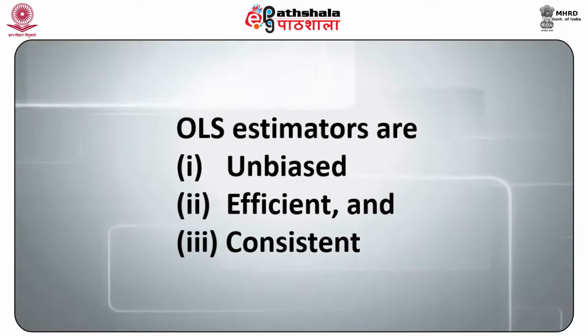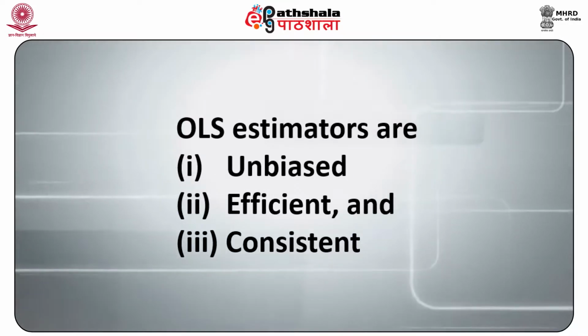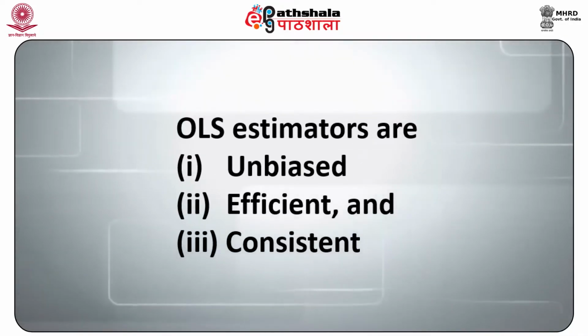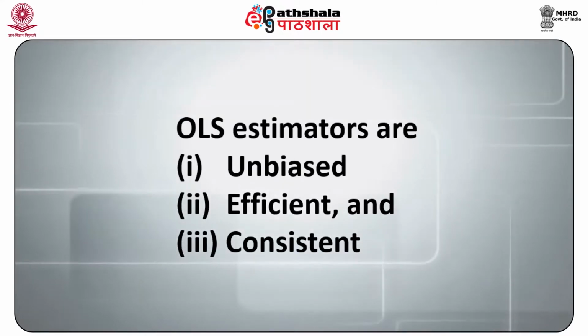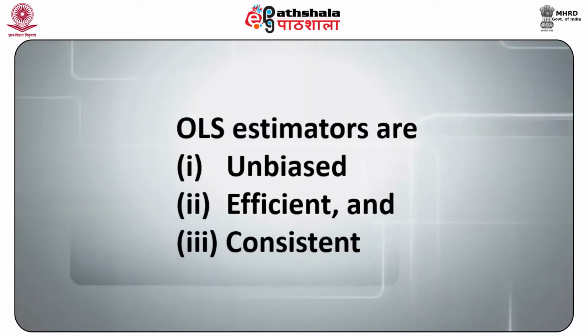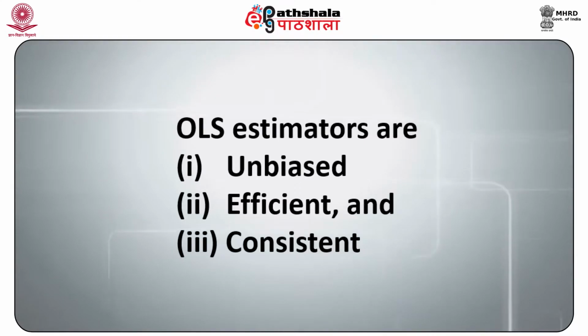So we need to prove that OLS estimators are unbiased, efficient, and consistent, especially among the linear estimators. Let us now prove the first property, unbiasedness. So we are going to prove that OLS estimators are linear and unbiased.